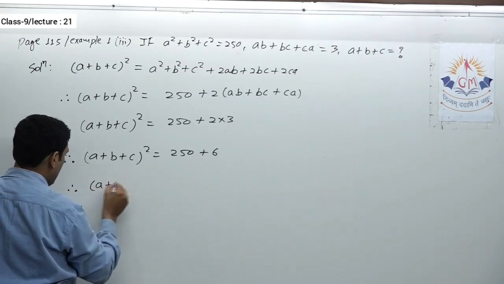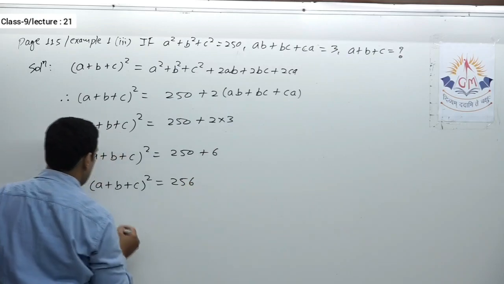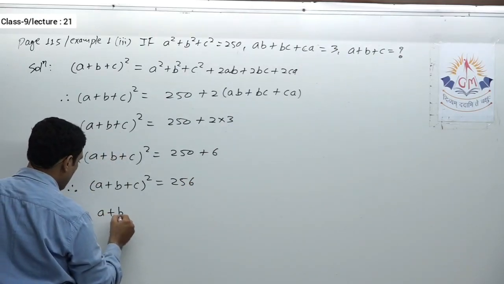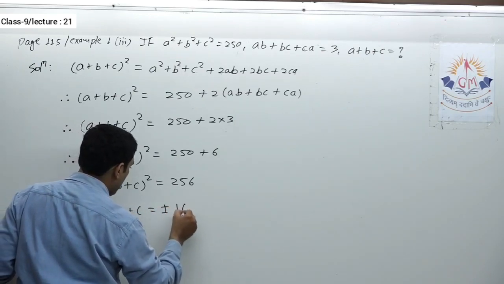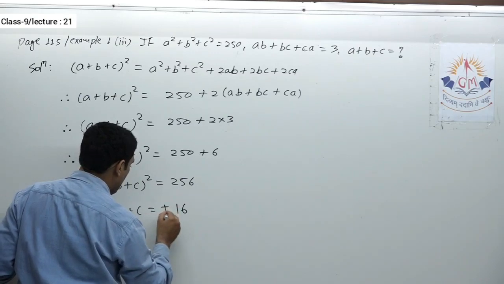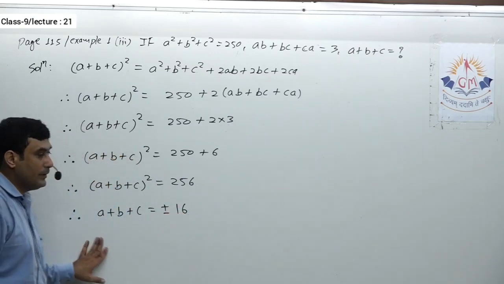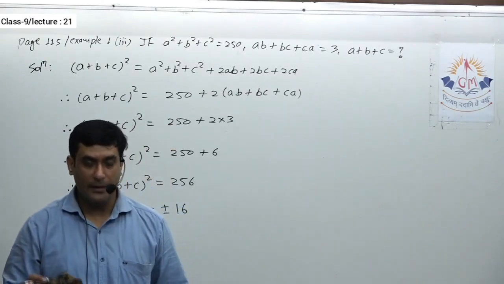So (a + b + c) whole square is equal to 256. So a + b + c will be the square root of 256, that is 16. So plus minus 16 will be our answer. I hope this is clear to you. Now note it down, then we will see the next question.